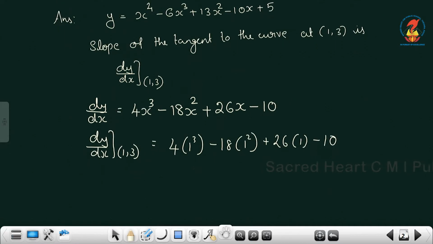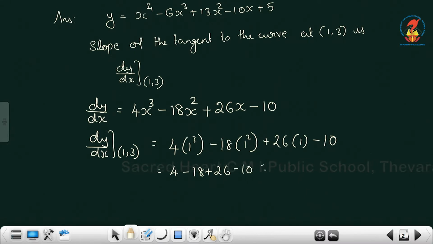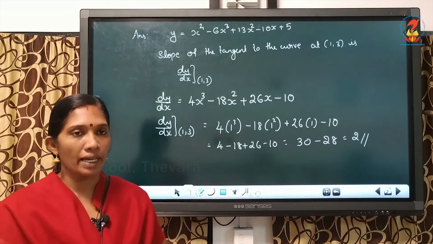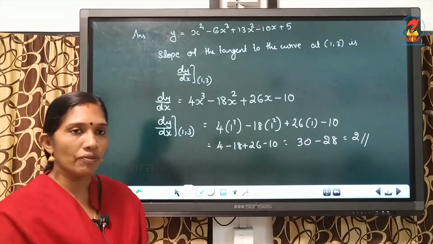Now calculate the value: 4 minus 18 plus 26 minus 10. 26 and 4 is 30, minus 10, minus 18 is minus 28. So that's equal to 2. So this is the slope of the tangent to the curve at the point (1, 3).